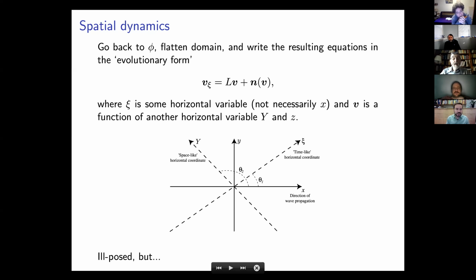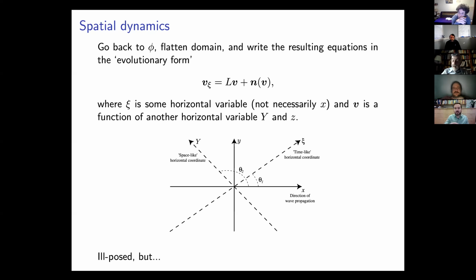The idea is essentially to formulate the equations as an evolution problem where an unbounded horizontal variable plays the role of time. As always, we have the problem with the free boundary, so technically we first flatten the domain.